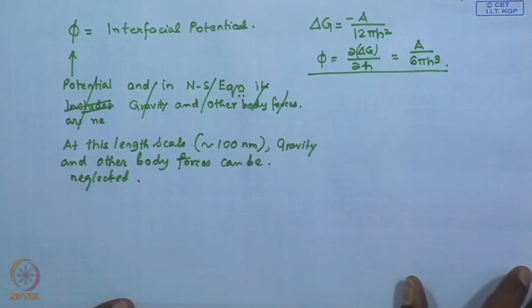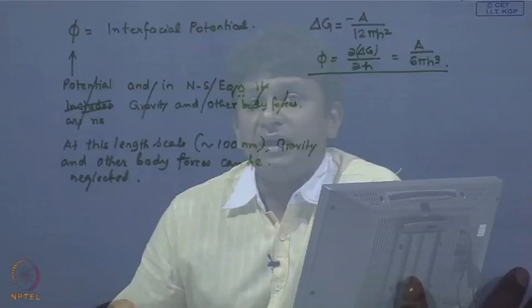But in cases where you can apply, in principle, an electric field or a magnetic field to a thin film to destabilize it, I think we will take it up in one of the last lectures. That is the situation where the instability is triggered by the application of an external field rather than the spontaneous instability that we are talking about here.